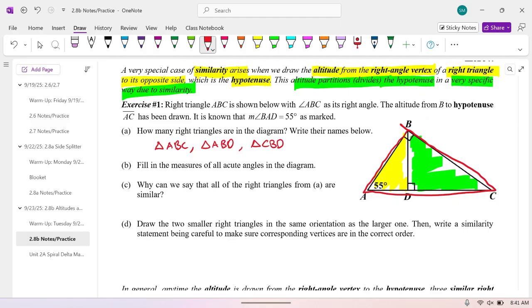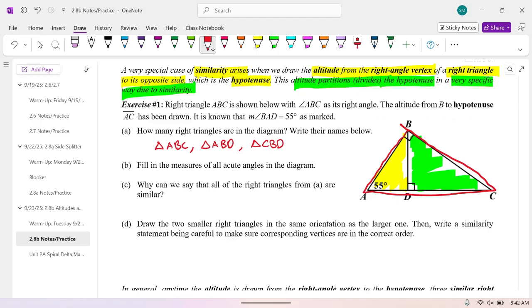All right. So let's look at our big triangle originally. My right angle's right here, because that's the corner of the paper. And I also labeled that this angle is 55 degrees.